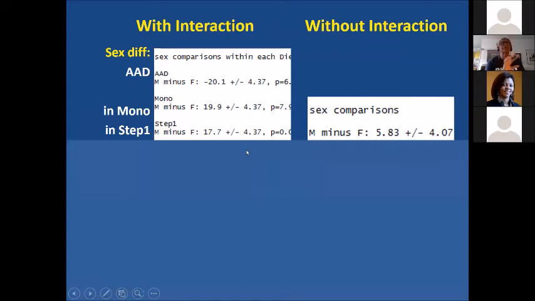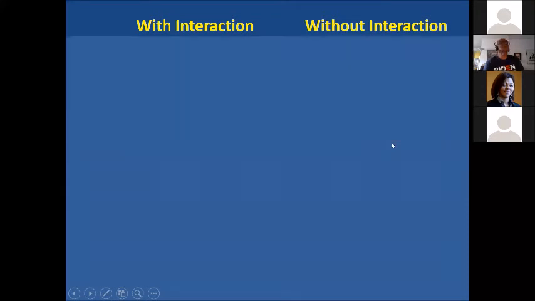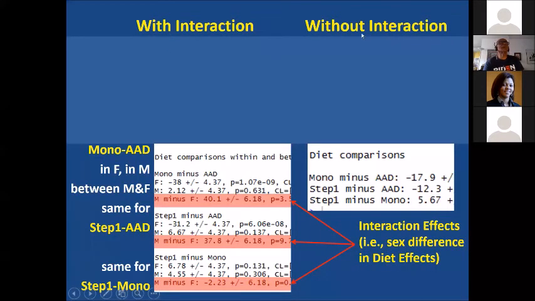So just to summarize, with interaction, you get the sex difference in the 3 diets separately. Without interaction, you get 1 sex difference. And then without interaction, you have just 3 diet comparisons: mono minus AAD, step 1 minus AAD, and so on.